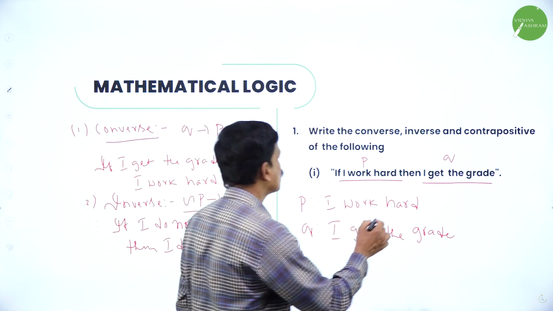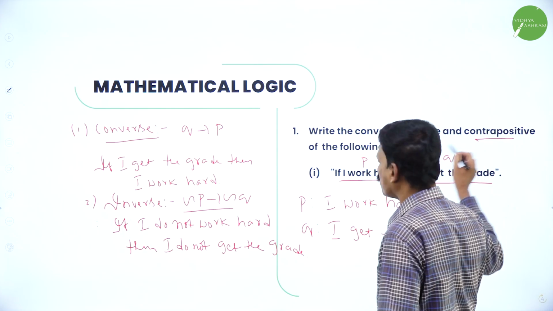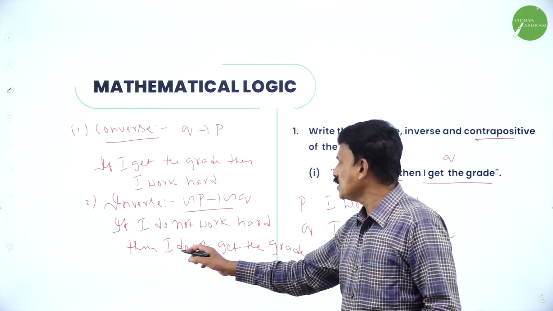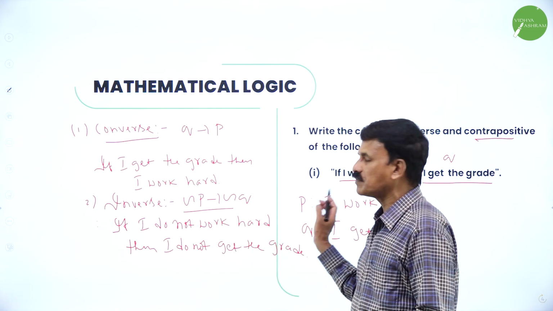Next, the last one is the contrapositive. What is the contrapositive? Contrapositive is nothing but negation of Q conditional to negation P. That means, if I do not get the grade, then I do not work hard. That's it.